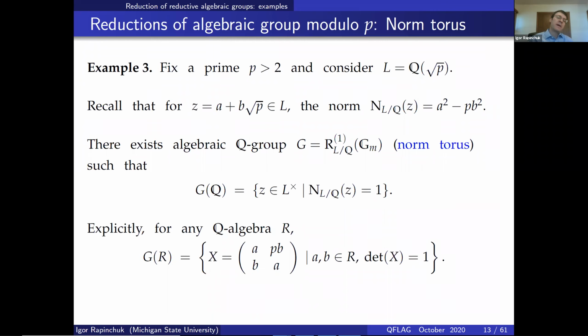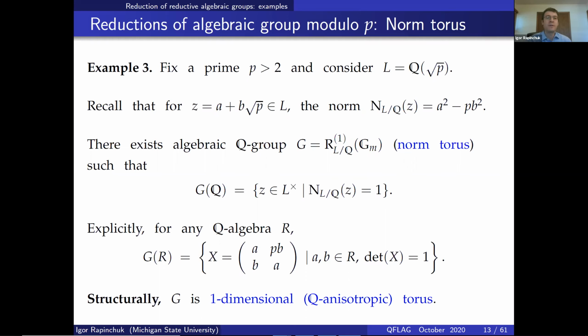Now, we can give an explicit matrix realization of this group by considering the regular representation of the field extension L over Q. And so I've written down the matrices that make up this group explicitly on the slide. And the point is that, using this matrix realization or other considerations, one can show easily that this group is structurally a one-dimensional anisotropic form.